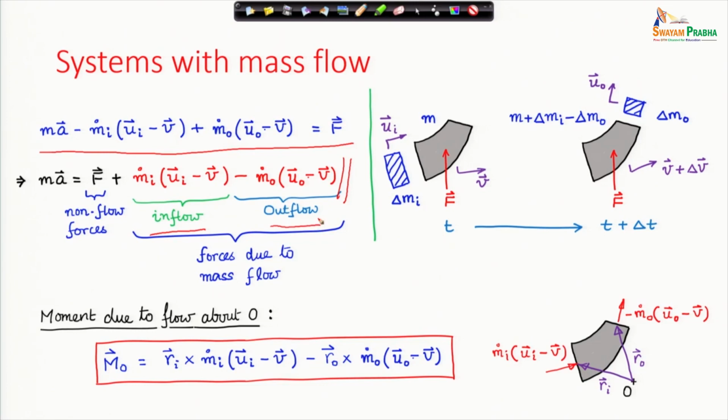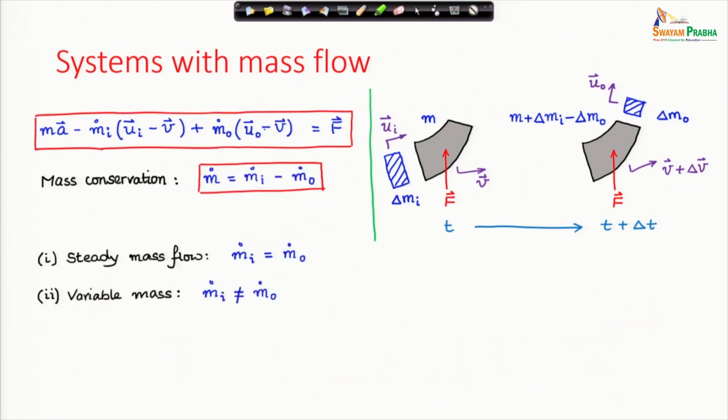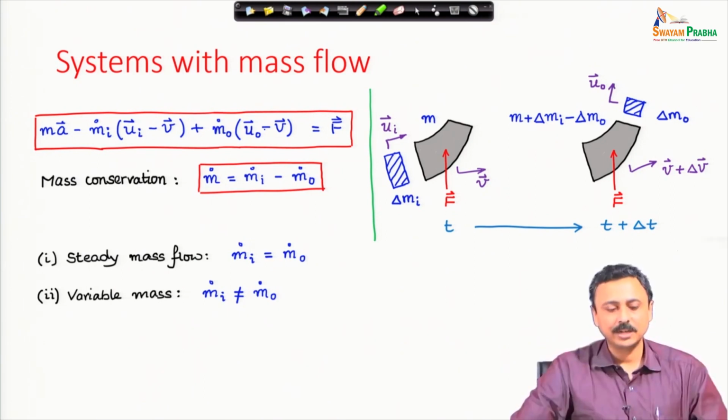So, these are the flow forces which we had used in the expression of moment about a fixed point, and we had looked at the mass conservation relation and then specialized this master equation to two cases, steady systems with steady mass flow and variable mass flow.